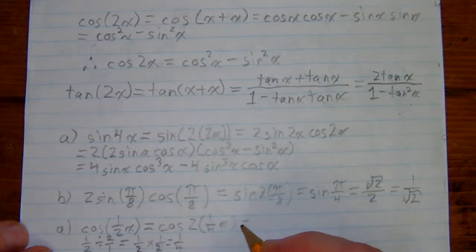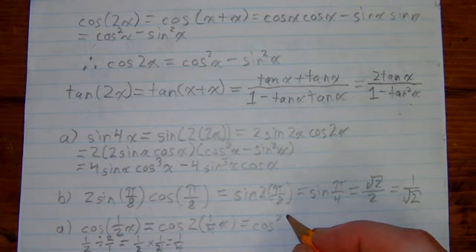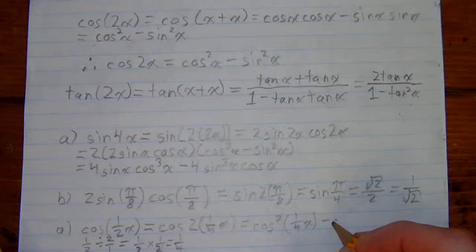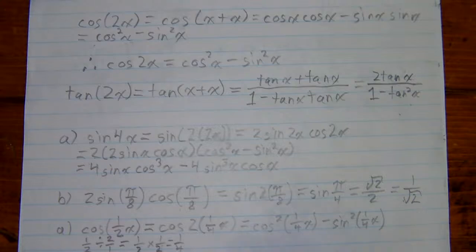And now we can apply the cosine double angle formula. Cosine squared of 1/4 x minus sine squared of 1/4 x. And you might be thinking, okay, but 1/4 x doesn't help me any more than 1/2 x. Right now, that's true.